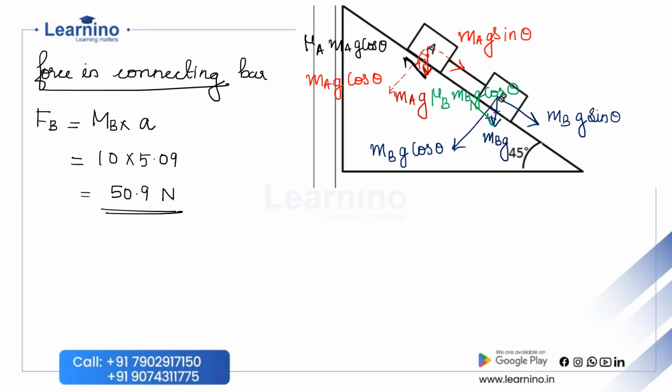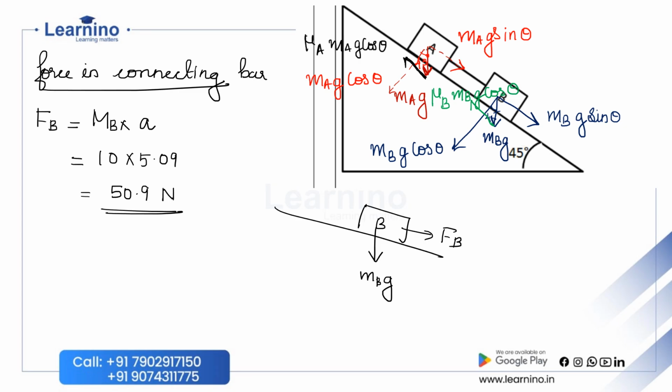And when this force acts there, we also have a gravitational pull down the inclined plane. So B is sitting on the inclined plane, a force FB is acting on B, and a gravitational pull is there. What is the value of the gravitational pull? This is MB into g.